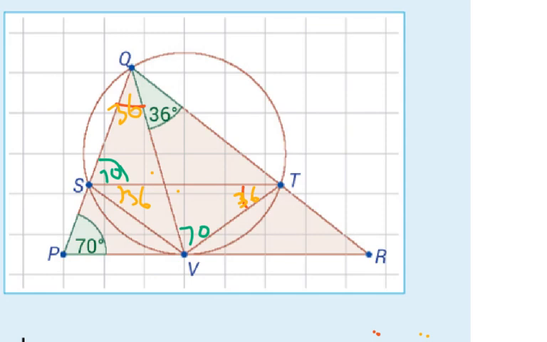Then I'm going to have these two angles because they add up to 180. And then I know what this angle is as well, because this is a cyclic quadrilateral, so this angle in here plus this angle here have to add up to 180. And equally, these angles here and these angles here have to add up to 180 as well.